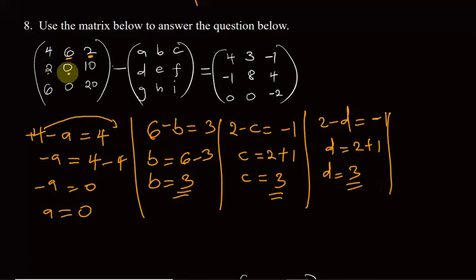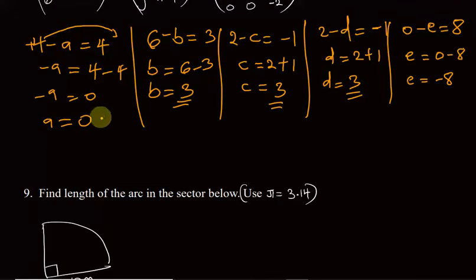Let's look at e. 0 minus e is 8. Therefore, when e goes to the other side, e will be 0 minus 8. So e will be negative 8.